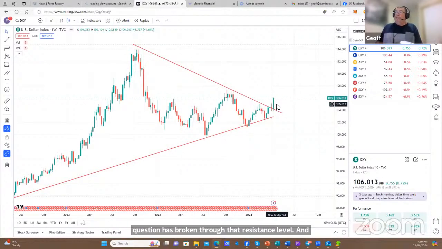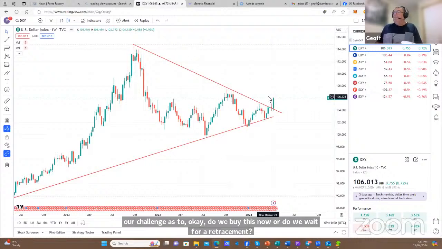Do we expect a little pullback? Probably we do from a technical point of view, but from a fundamental point of view, if this Iran situation is actually playing out in a major way, then I'm not sure we're going to see one. And that's our challenge, right? That's our challenge as to, okay, do we buy this now or do we wait for a retracement?